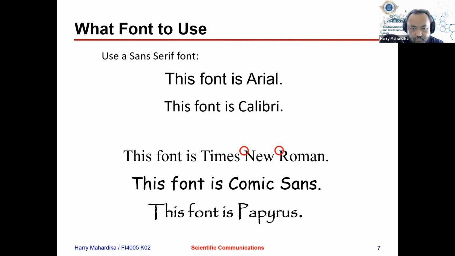And maybe if we deal with the perception or psychology of people who see the design of one letter or one font, they have different impressions in seeing the Arial, Calibri, and Times New Roman fonts.